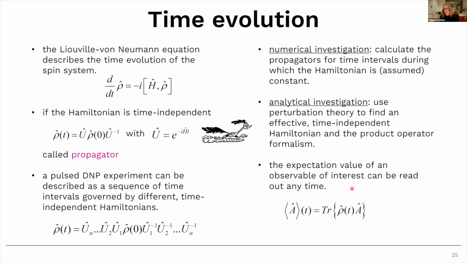After you've applied this evolution, you can retrieve the expectation value of your observable of interest. In our case, that's typically Iz, the longitudinal magnetization of our nuclear spins at any time, by taking the trace of the product of the state of my spin system with the operator, the observable that I'm interested in.